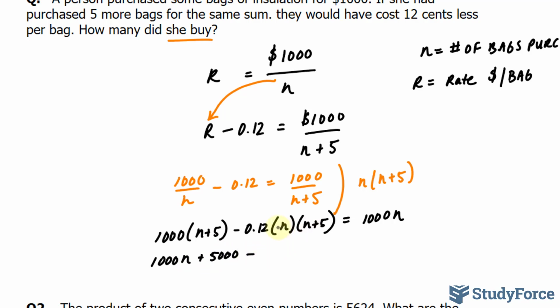minus, now I'll do this part, I have N times N plus 5. That gives me N squared plus 5N, which then gets multiplied to 0.12.